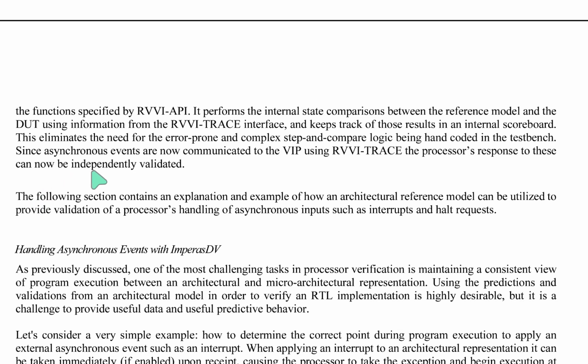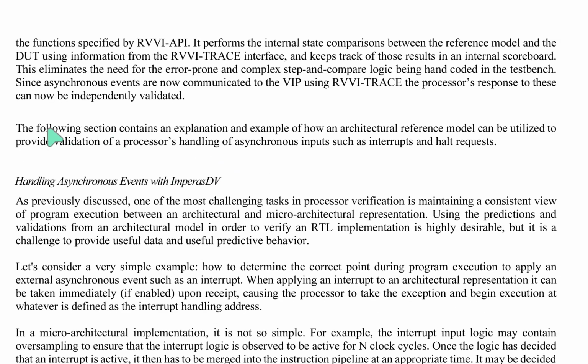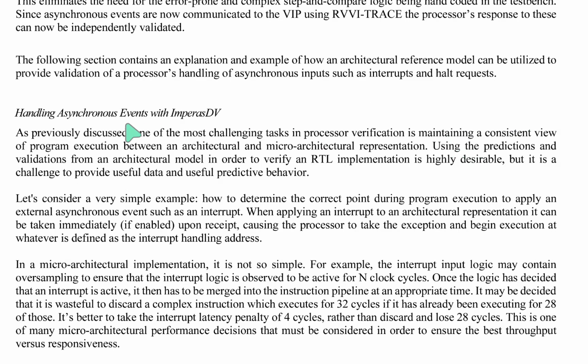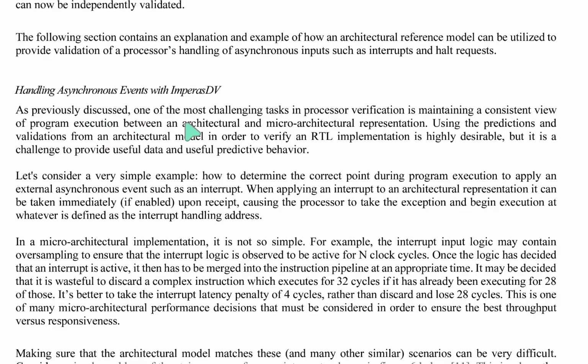The following section contains an example of how an architectural reference model can be utilized to provide validation of the processor handling of asynchronous inputs such as interrupt and halt request. Handling the asynchronous event with ImperasDV.